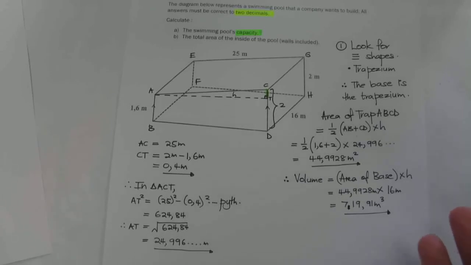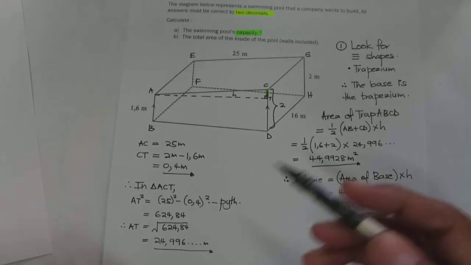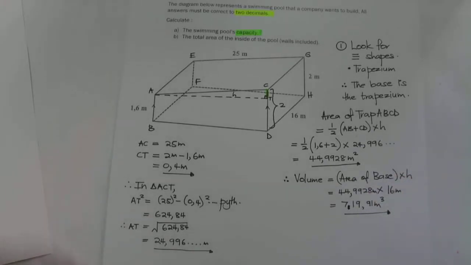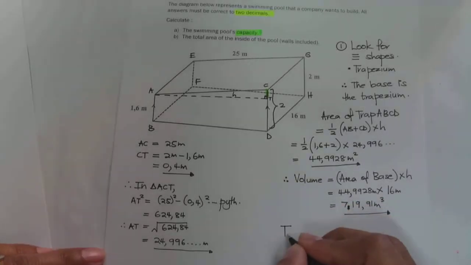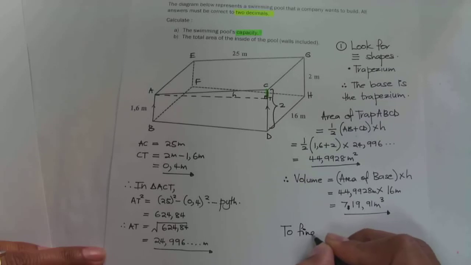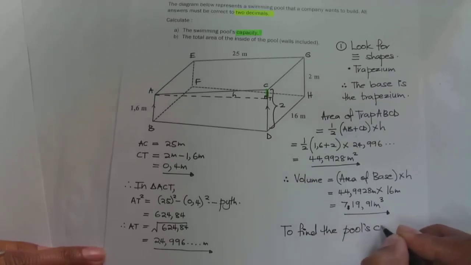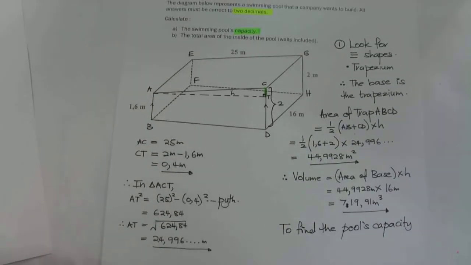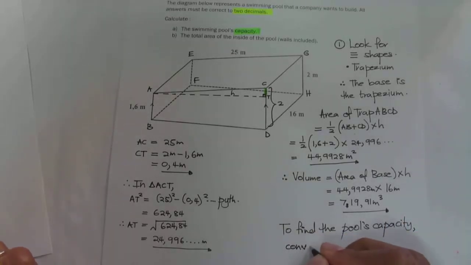Capacity, please remember, is always represented in liters, so in this particular example, we've got to convert meter cubed to liters. Right, so to find the pool's capacity, these examples will be uploaded for you, so you don't have to take them down. Convert meter cubed to liters.